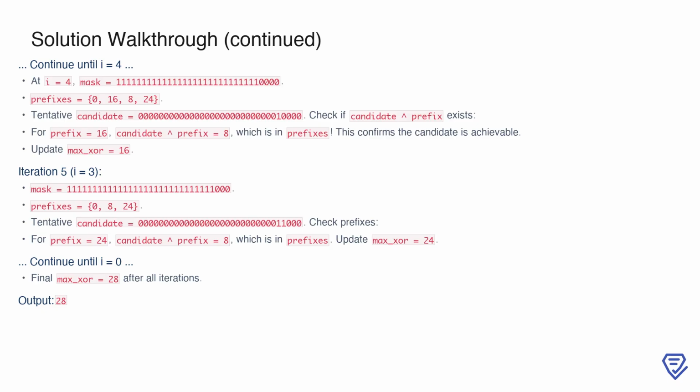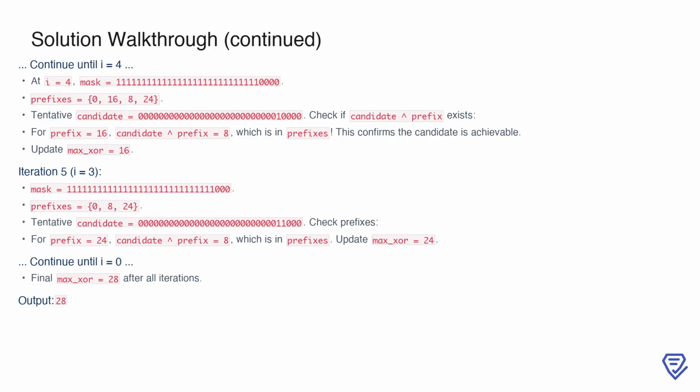When i reaches 4, the mask becomes a run of ones followed by 0000, which isolates the top 28 bits of the numbers. At this point, the set of prefixes becomes 0, 16, 8, 24.